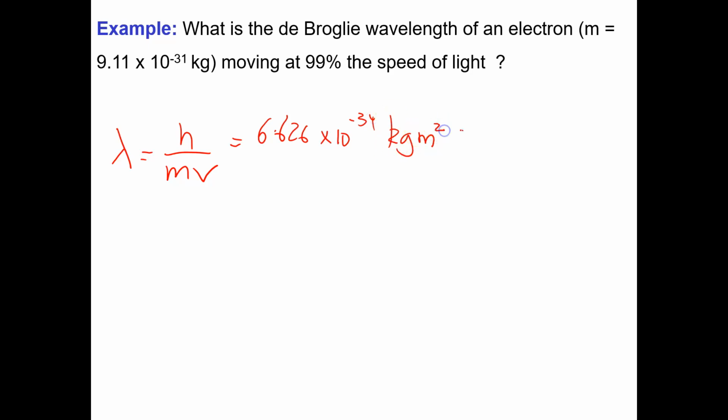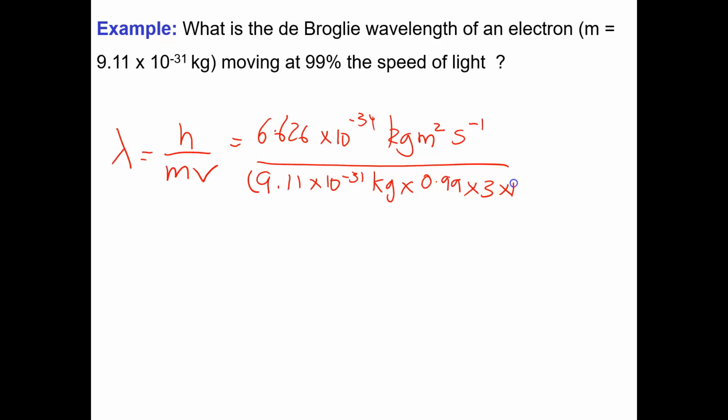kilograms meters squared seconds to the minus 1, that's the units of Planck's constant in terms of the SI base units, divided by the mass, 9.11 times 10 to the minus 31 kilograms, times the speed, which is 99% of the speed of light, and there it is.